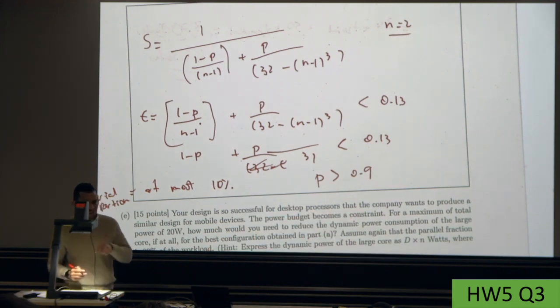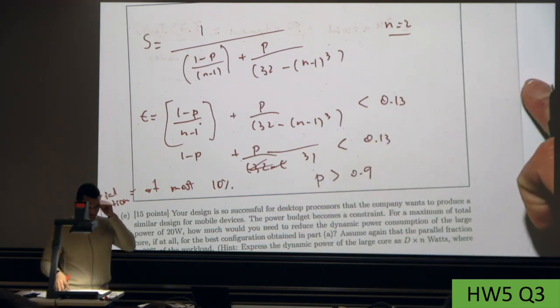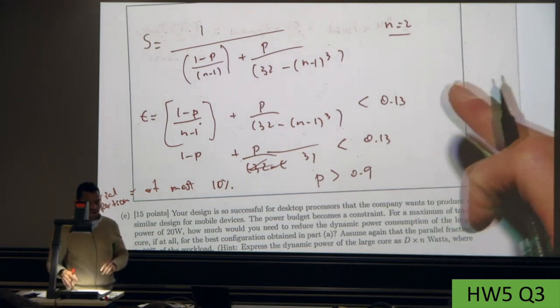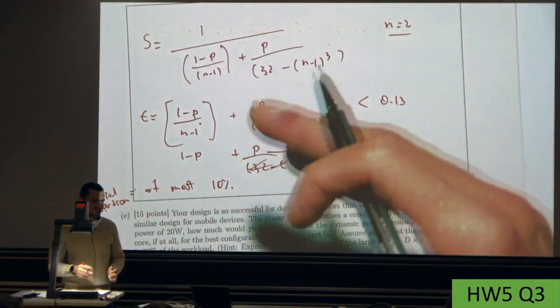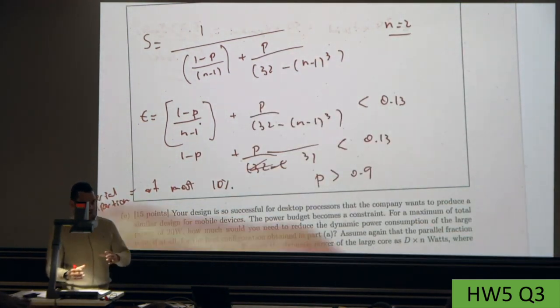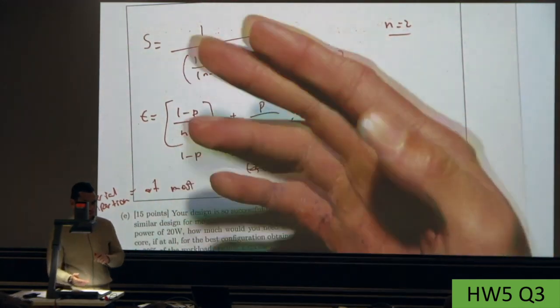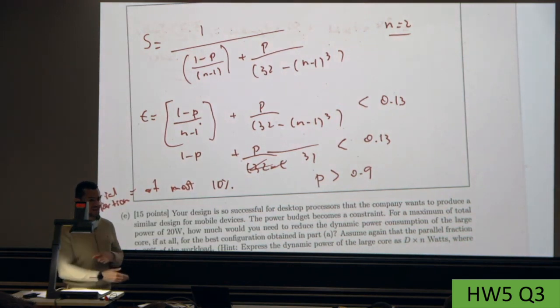It is by how fast it computes. We know that a large core is n times faster than the small cores. So we are using this information, and this information is related to the area. We are assuming that the execution is perfect, and the small core is always going to be n times slower than the larger core.